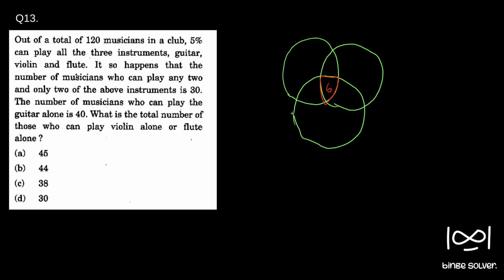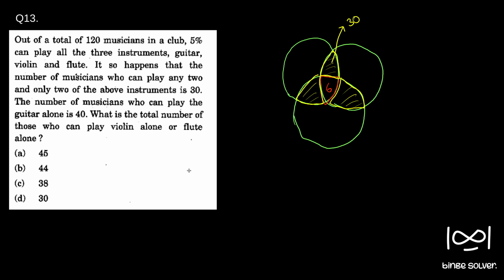Now it is given that the number of musicians who can play any two and only two of the above instruments is 30. So any two and only two is this region. This yellow region is 30.